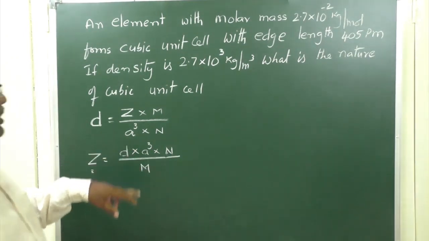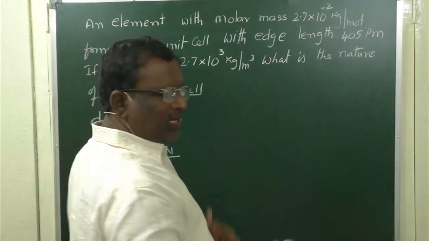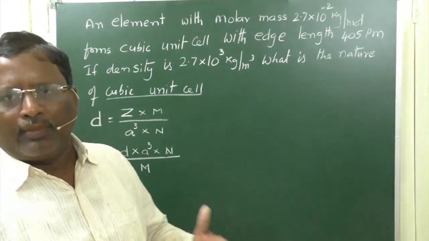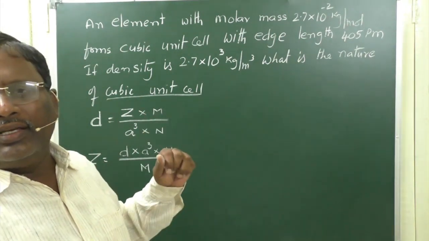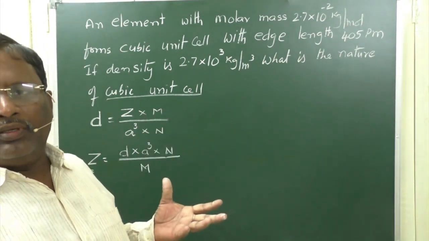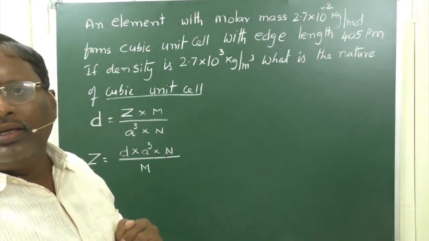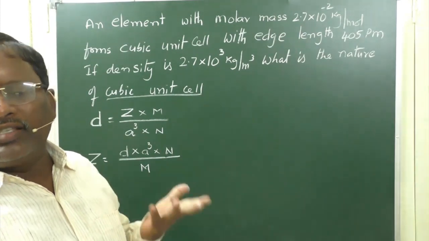Here they are asking what type of unit cell it is. In previous problems they were giving us whether it is a simple cubic cell or FCC or body centered and so on. Now here they are asking what type. That means if the number of atoms n is equal to 1, then it is a simple cube. If n value is 2, then it is a body center.